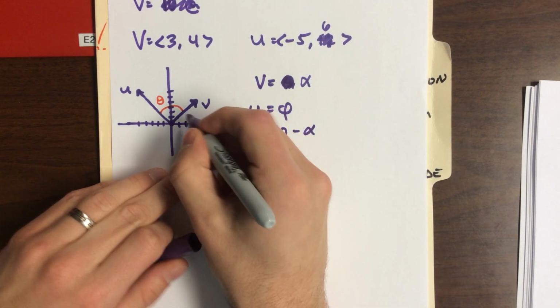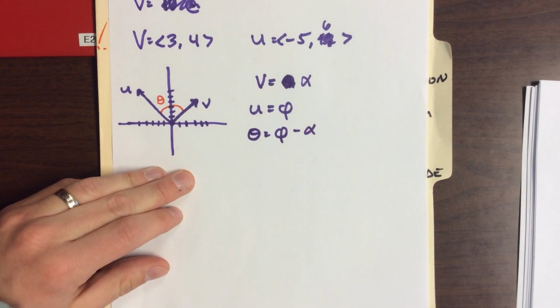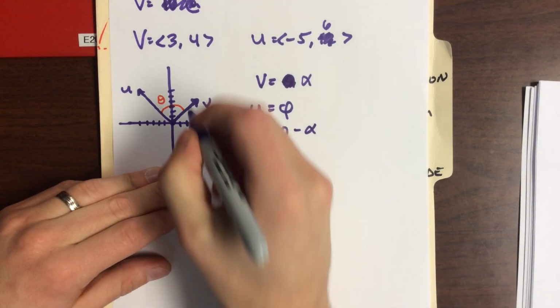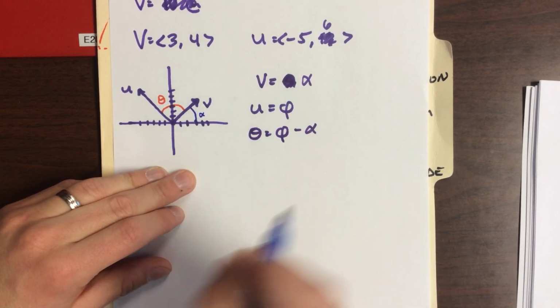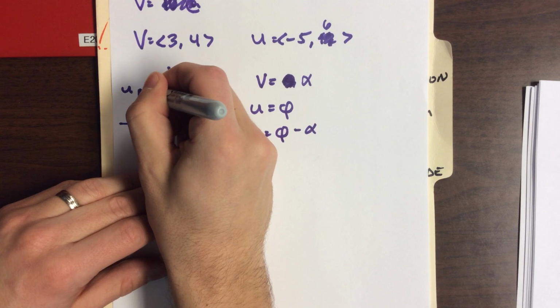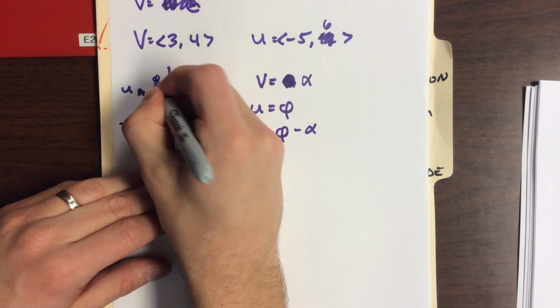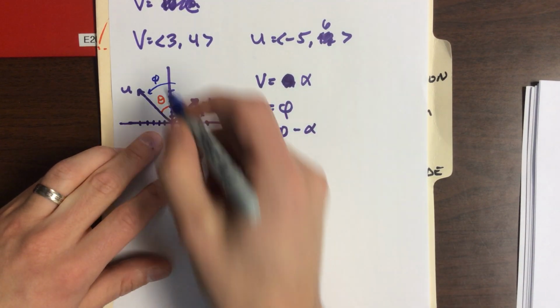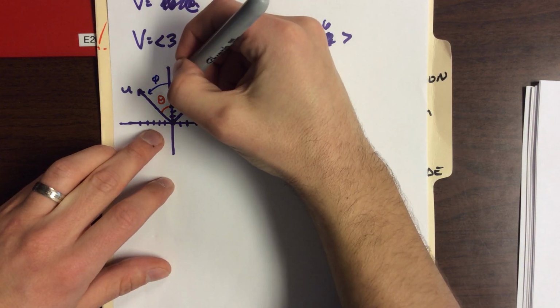So let's draw this out. This is alpha. This one all the way over here is phi, from the origin, from the x-axis.